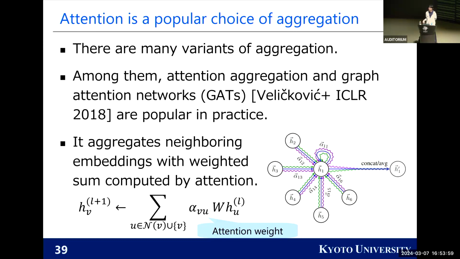Wh_u^l is basically the value vector, and we take the weighted sum of the value vectors based on the attention weights. Yeah, this is very similar to transformers. And by doing so, we can ignore noisy edges, and we can focus on informative edges, and can improve the performance compared to simple sum aggregation or simple average.